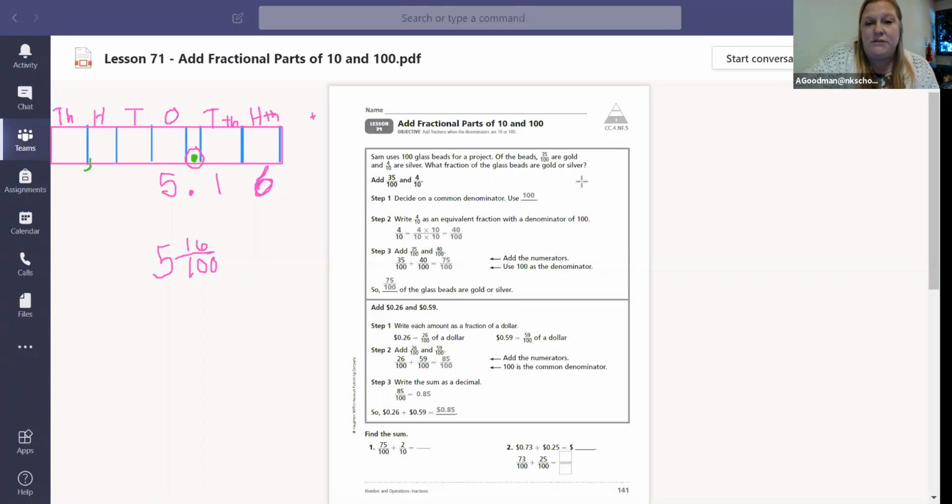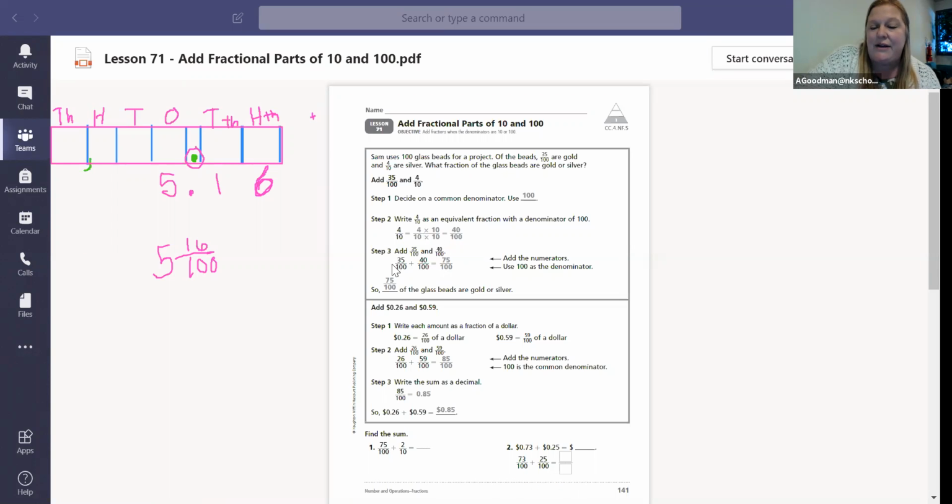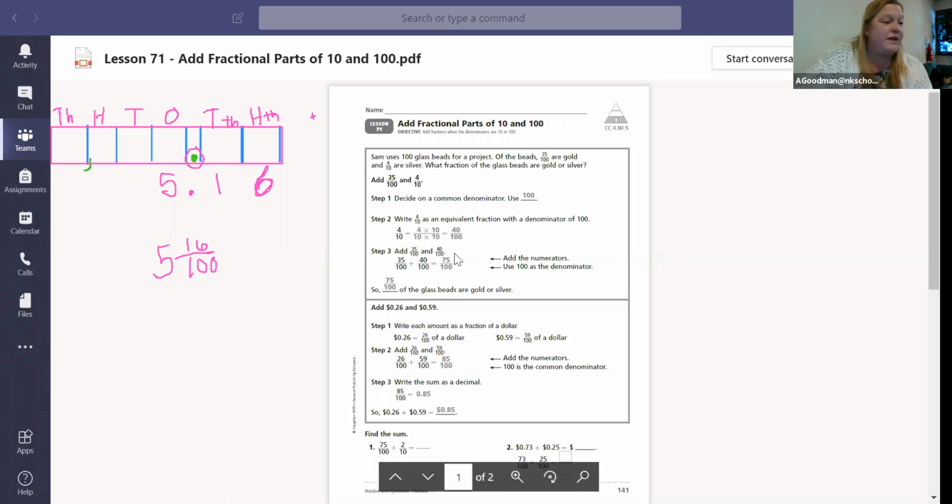So we are going to take our 4/10, they do it right here for you, and switch it to 40 hundredths. So we have 4/10 times 10 over 10 equals 40 hundredths. Now we can add our 35 hundredths and our 40 hundredths to get 75 hundredths.